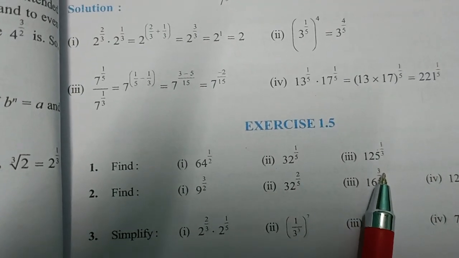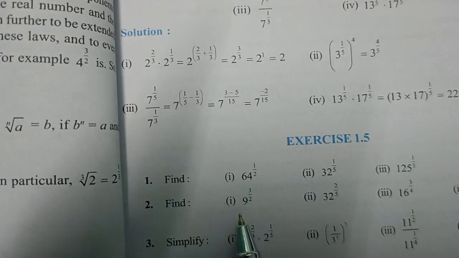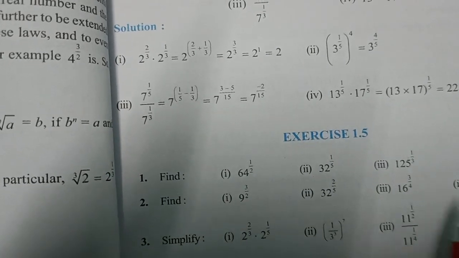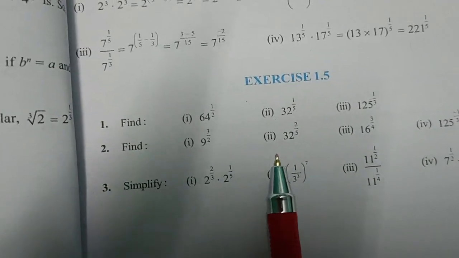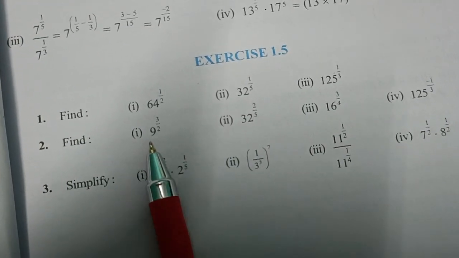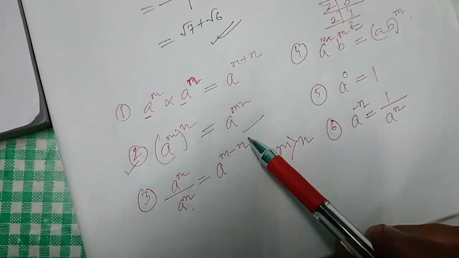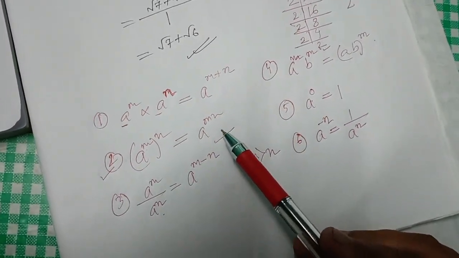And in the next video, I'll show you this question number 2, sub number 1, 2, 3 and all. Even you can try this also, but if not possible, I'll show it in the next video. This question number 2 later on. Clear? So just remember the laws of exponents nicely here. Only I have written 6 laws here.